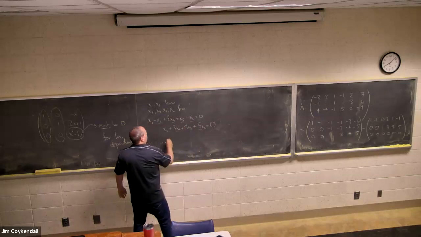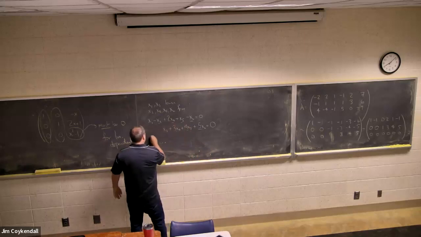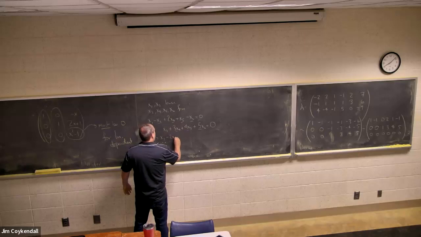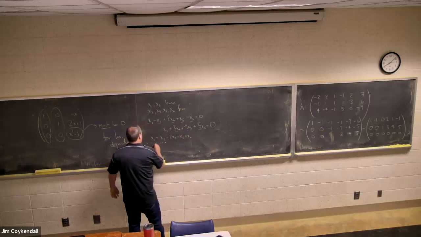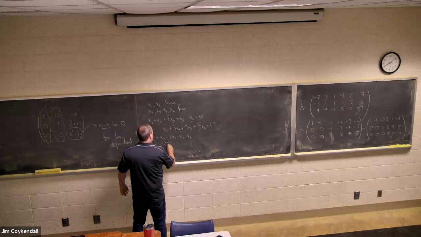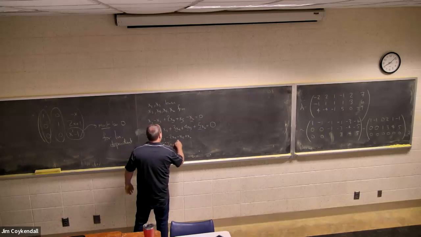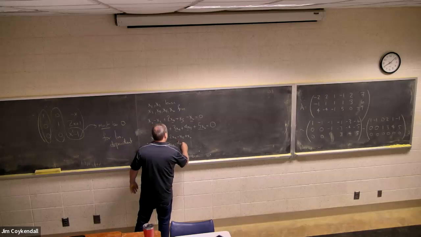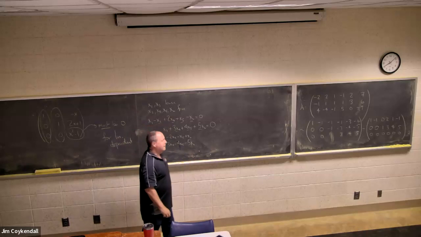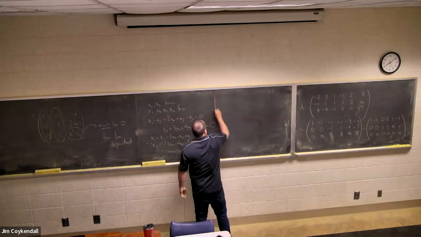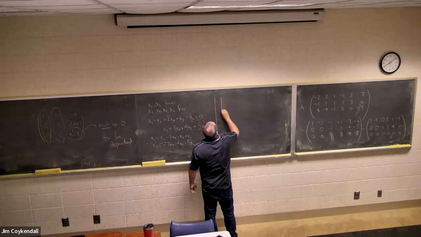So x1 is equal to x2 minus 2x4 minus x5 plus x6, and x3 is minus 3x4 minus 4x5 minus 5x6. So my solution to my little null space problem is this.